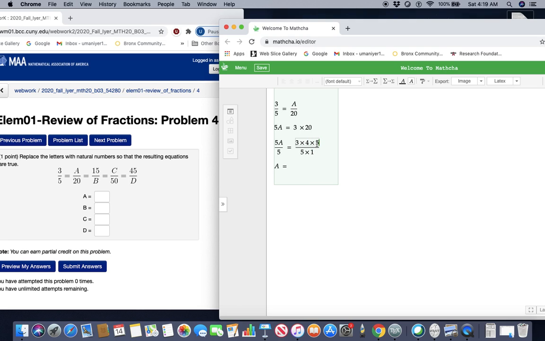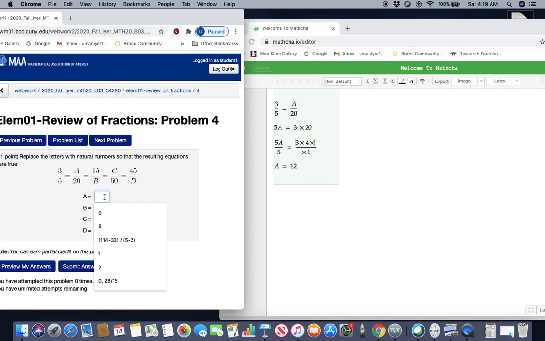So those two 5's go away. All I'm left with is 3 times 4, 12 over 1, which is 12. A is 12.